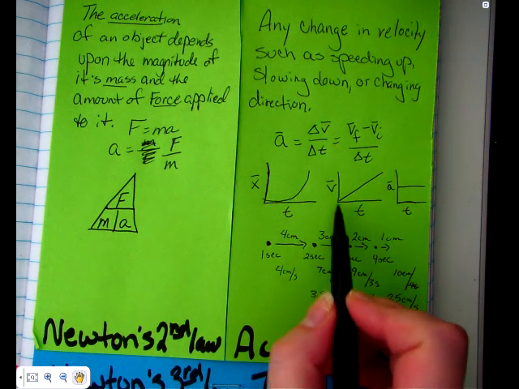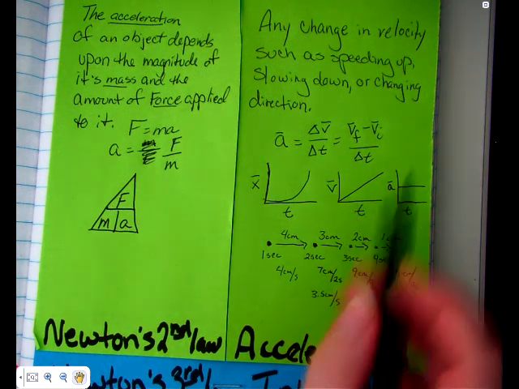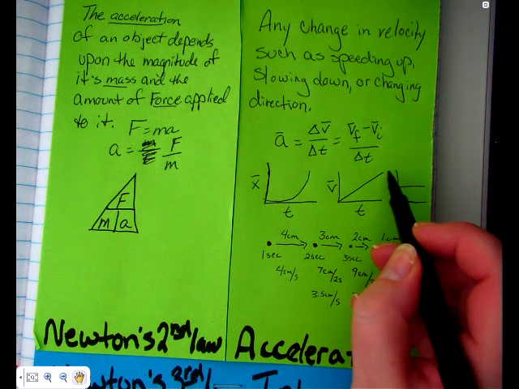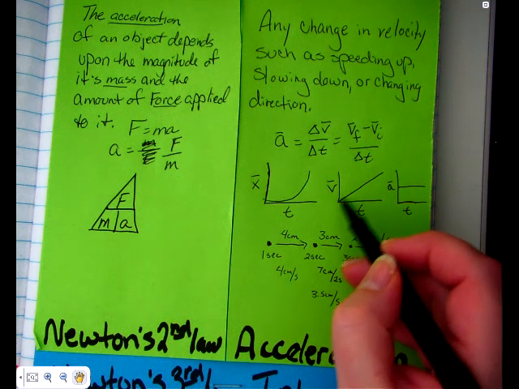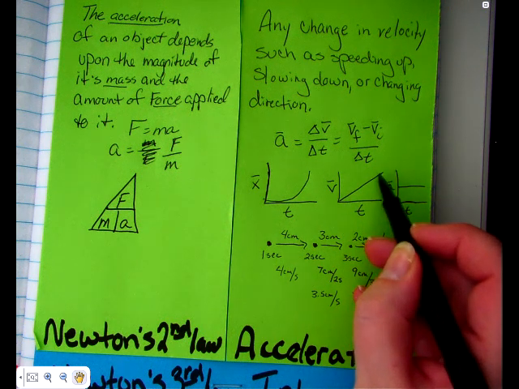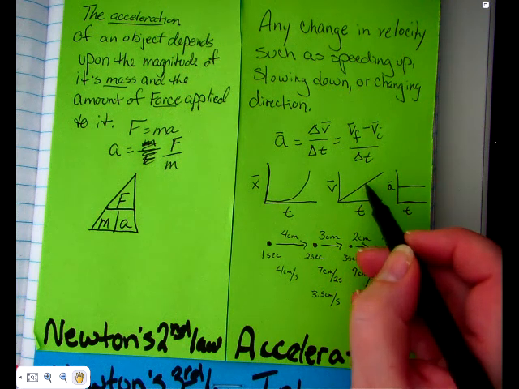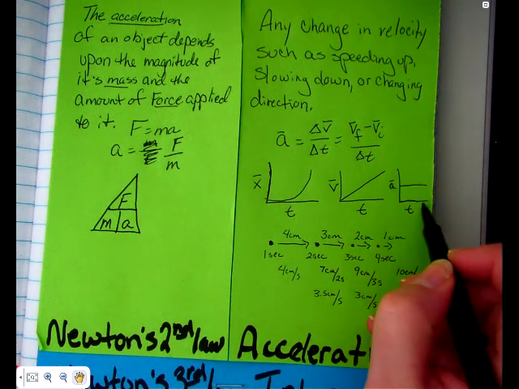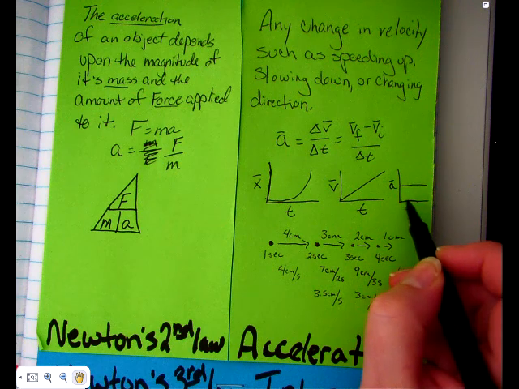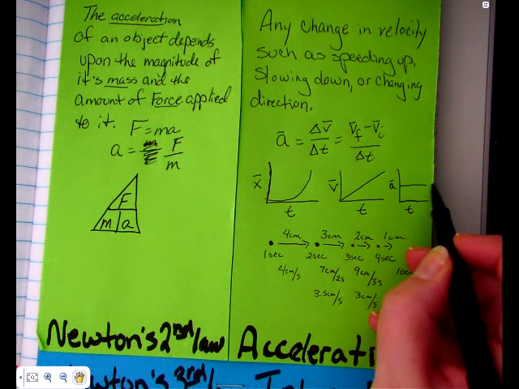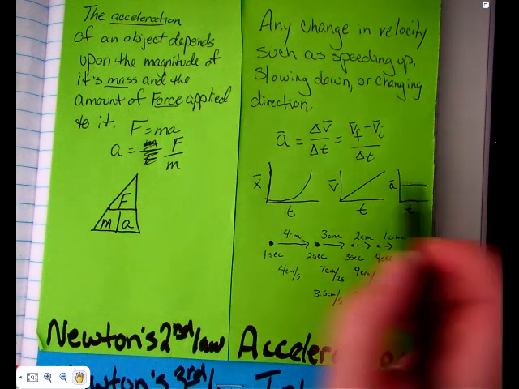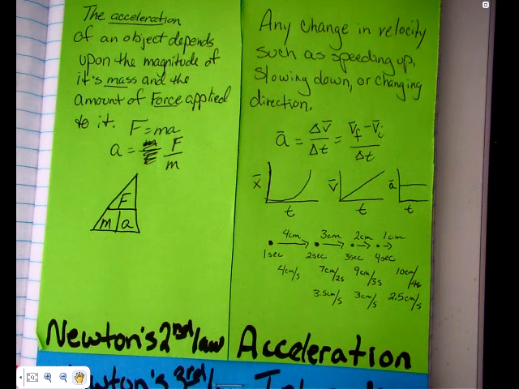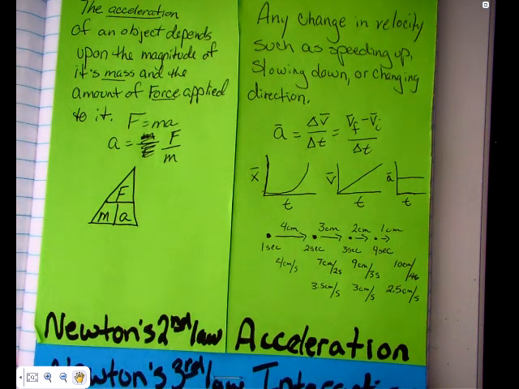In a velocity time graph, it's a diagonal line, because it's increasing velocity over time. Okay? And then this is the acceleration time graph, where the acceleration is constant, so it's a flat line. Okay, so you might want to pause that and look over that for a little bit.